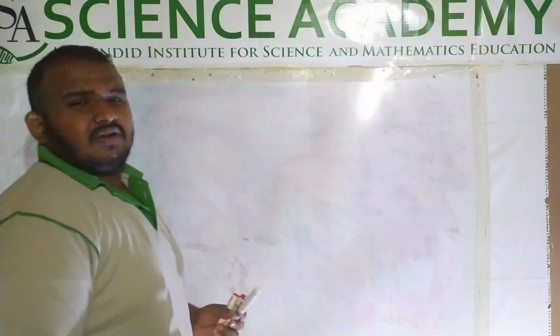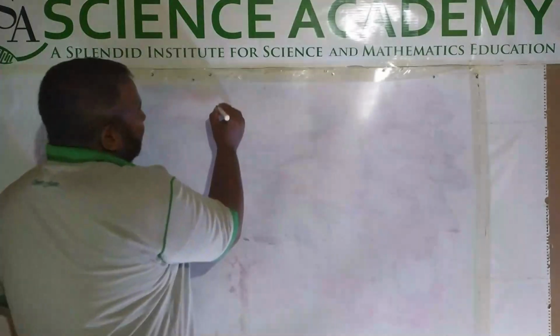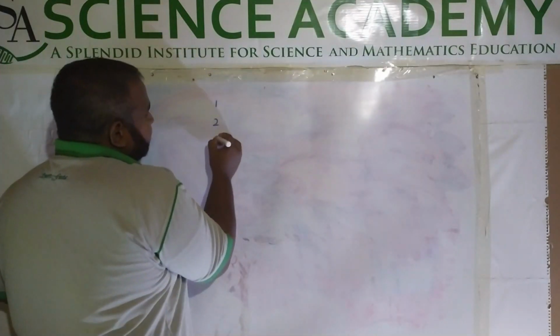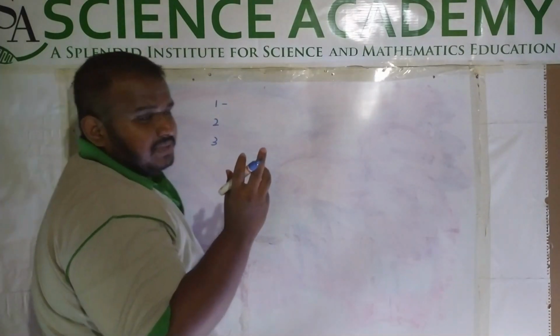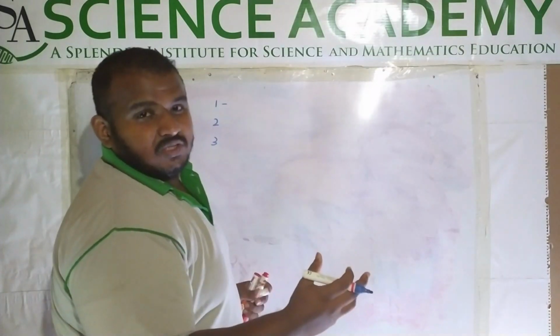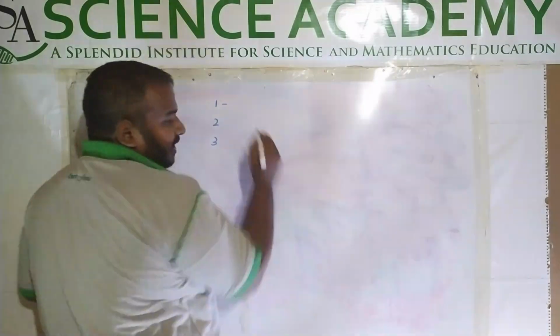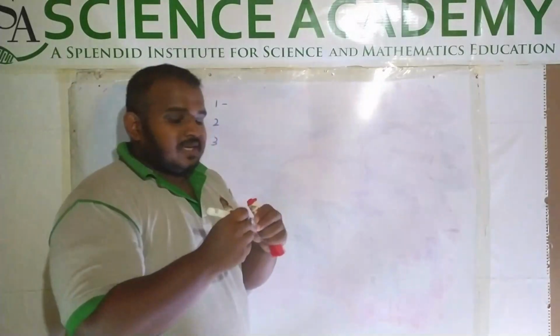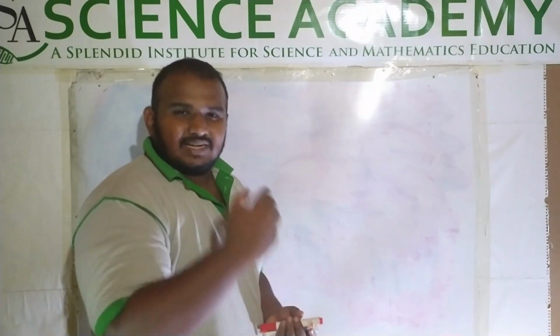Newton's laws of motion is the very basic unit in physics. So we studied 3 different laws, first, second and third. In the first law, we studied how an object can be at rest and how an object can move with uniform velocity. So if there is no resultant force, you should mark down the points. The first one, if there is no resultant force, the object at rest will remain at rest.